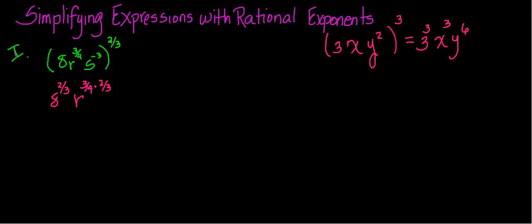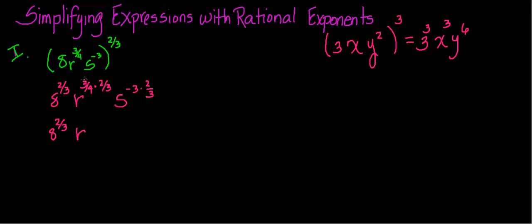Because we have a power raised to a power, we multiply powers, and we have s to the -3 times 2/3 power. So all we've done for our first step is distribute this exponent to each one of the factors. Okay, 8 to the 2/3 power. I'm just going to keep this like that for now. We'll simplify it later.